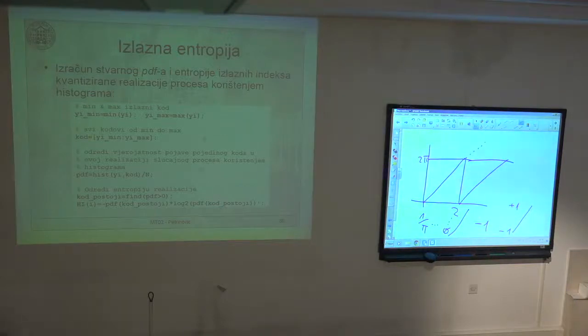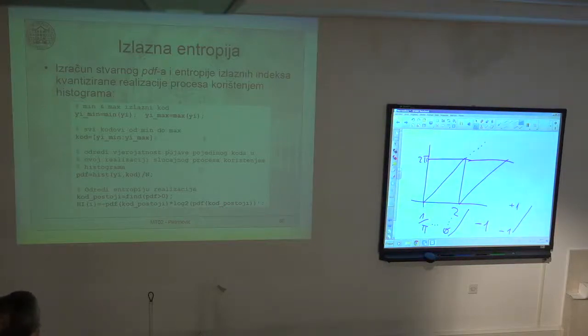For that reason, I exclude those symbols for which the PDF is 0. So the sum exists only for those symbols for which the PDF is above 0. Instead of computing the sum over all output symbols, I compute only the sum over the symbols that are really observed at the output.